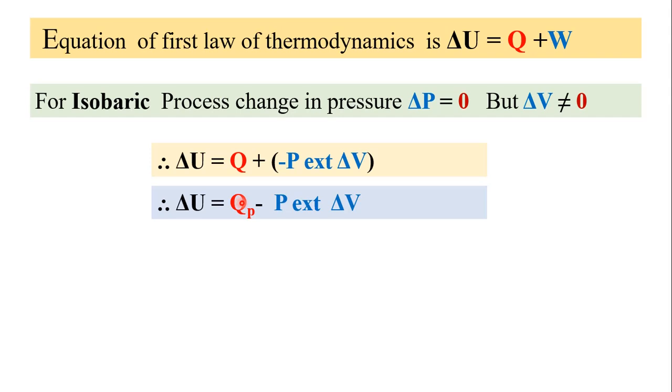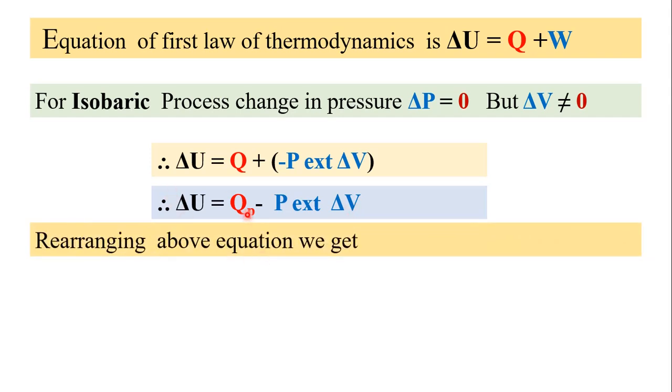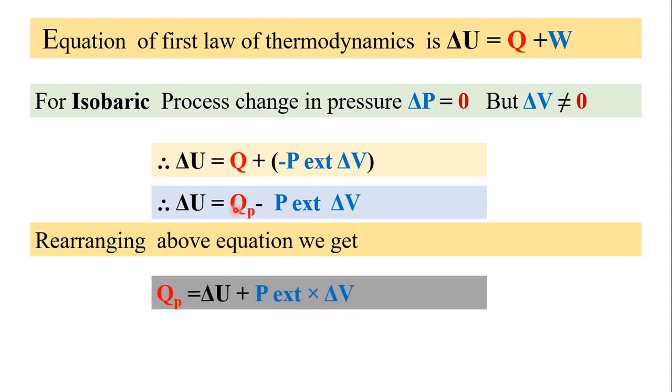Therefore delta U is equal to QP minus P external into delta V. Now if you rearrange this equation, we get QP is equal to delta U plus P external into delta V.